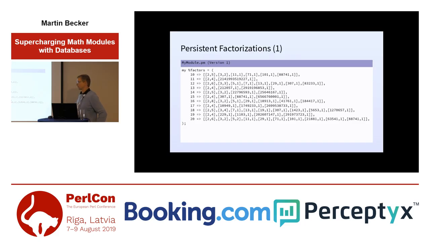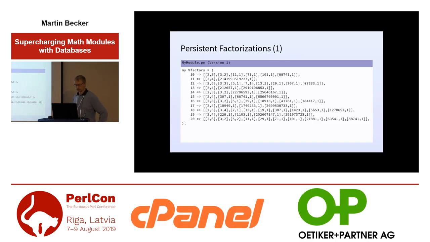A factorization could look like this. You have a list of pairs of numbers, a prime number and an exponent, and the list is of variable length. And simple, you could simply store this in your program text. But why is that not such a good idea?